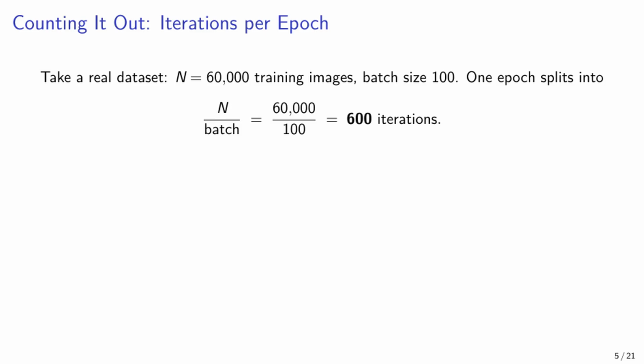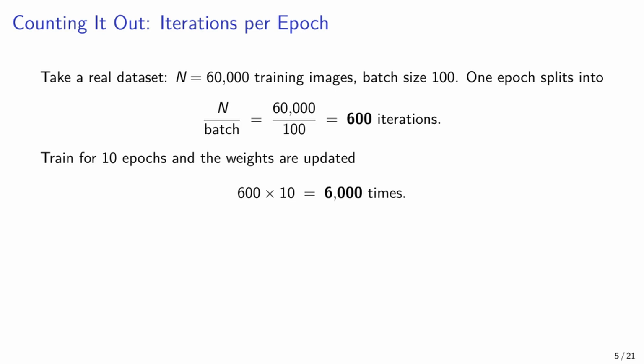Let us count it out on a real dataset. 60,000 training images. Batch size 100. One epoch splits into 60,000 divided by 100, which is 600 iterations. Now train for 10 epochs.